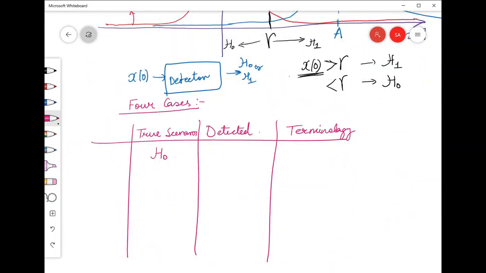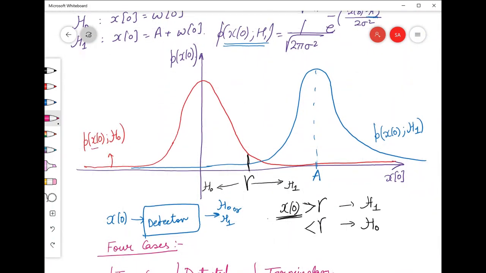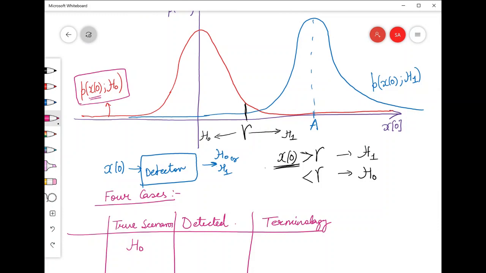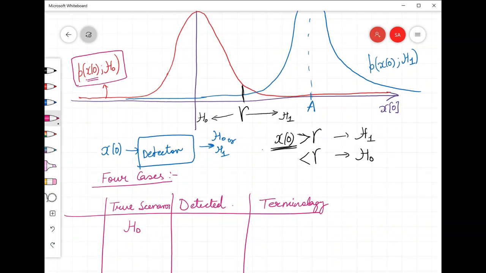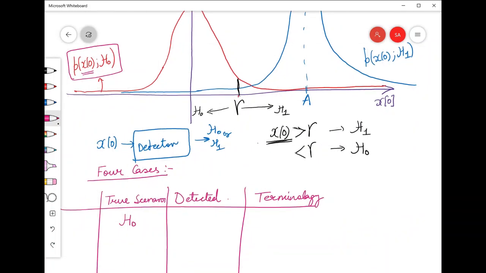So what is going to happen is that x0, what you are going to get is according to this red curve. You are going to get x0 which will be only noise, and this will follow the PDF given by this red curve. Now given this x0, what is the probability that you detected H0? The probability of detecting H0 is the probability that you get your x0 to be less than gamma.